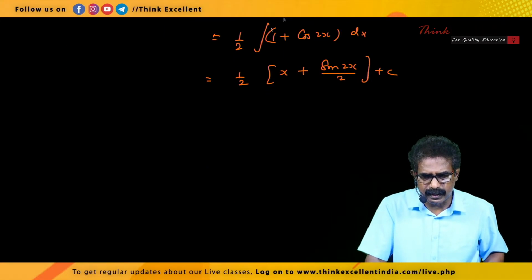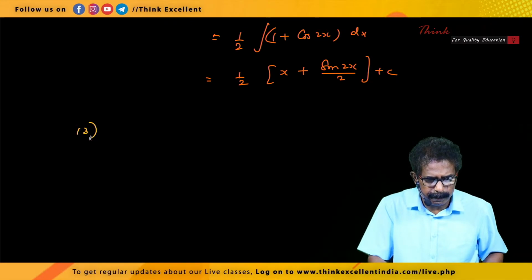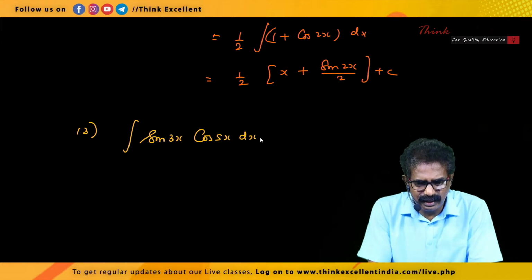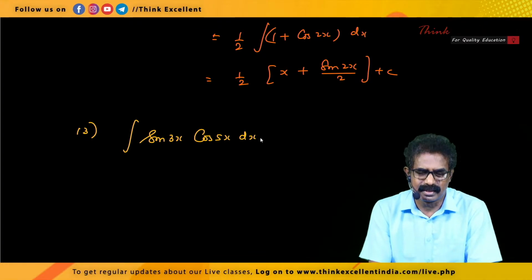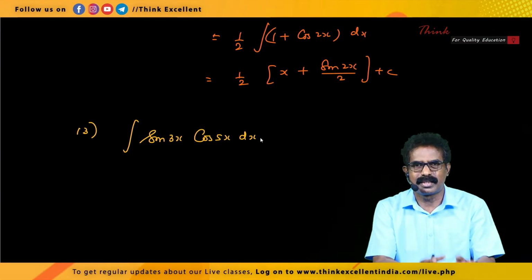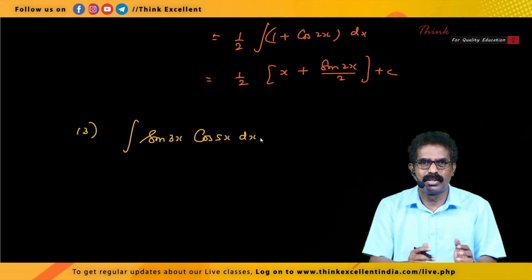Okay, now please listen. Question number 13, one example I give: integral sine 3x cos 5x dx. If you have an idea, tell me how to do this. Earlier you said to split it and do.